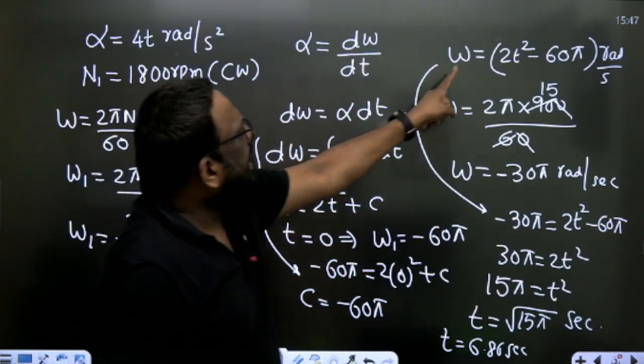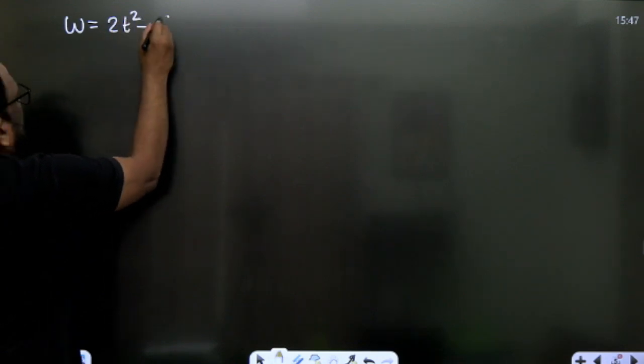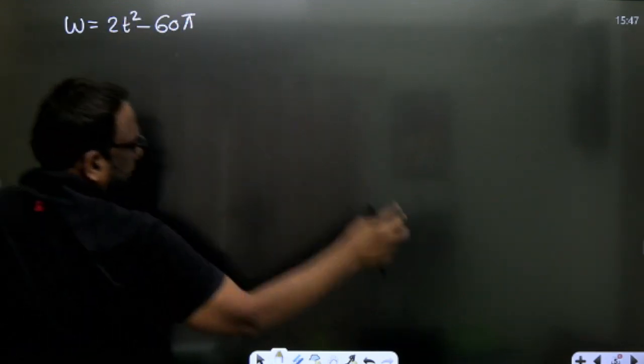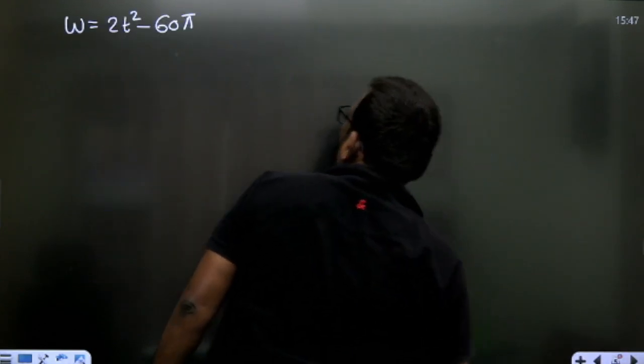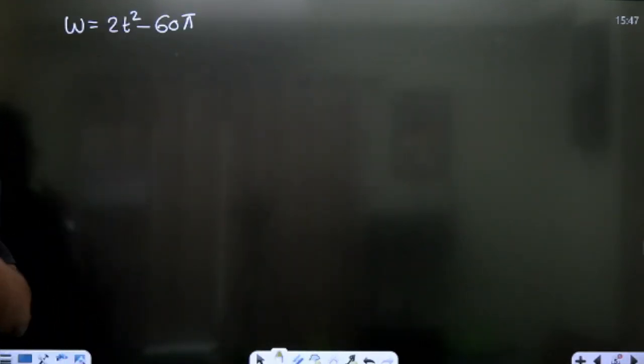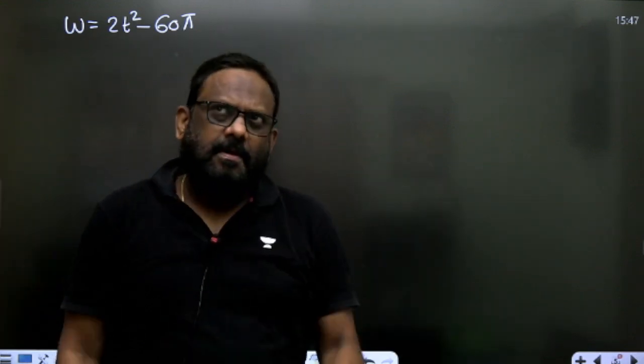Look, omega is 2t square minus 60 pi. Let me check. Omega is 2t square minus 60 pi. Rotation means he is asking in 14 seconds.